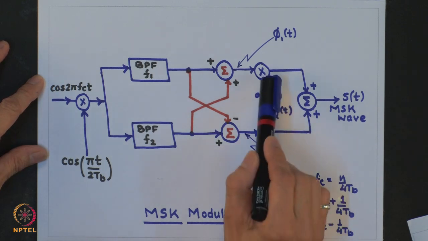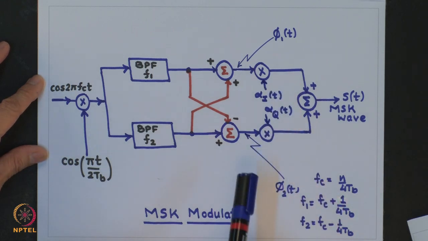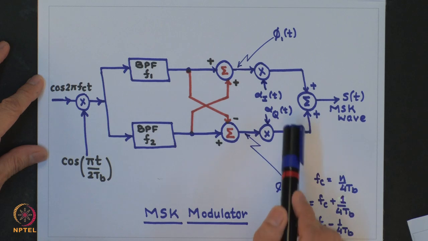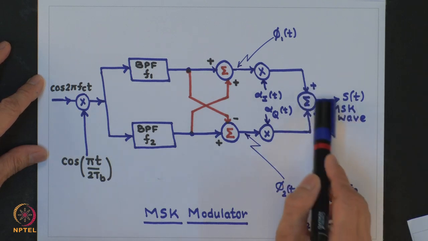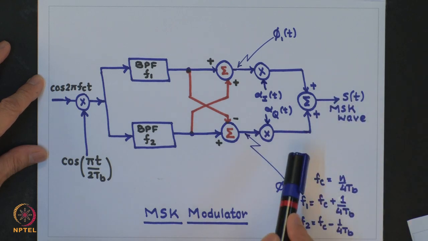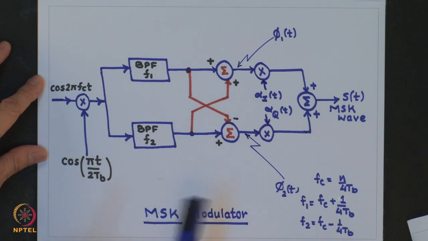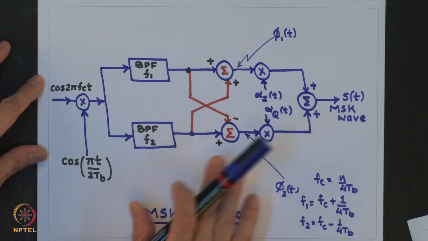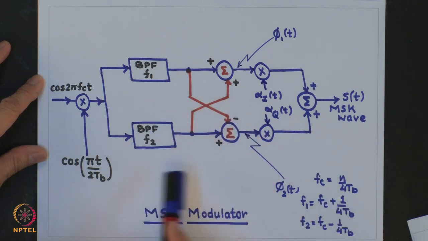These two binary waves are extracted from the incoming binary sequence in the manner studied earlier through an example, and then combined here to produce S(t), which is the MSK wave. The advantage of this method of generating the MSK signal is that signal coherence and deviation ratio are largely unaffected by variation in the input data rate.